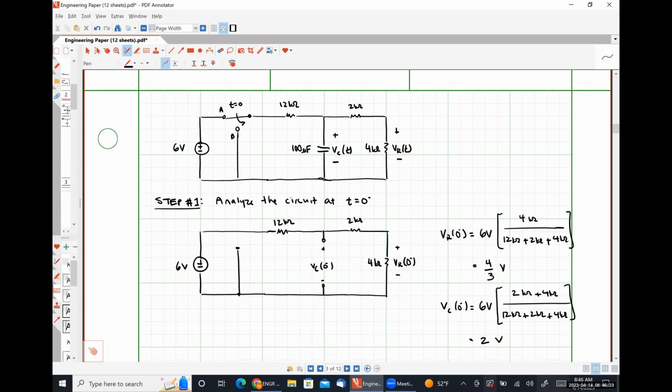So anybody have any questions, comments, or concerns about the analysis that we did here? I happen to use voltage division because this circuit is literally screaming use voltage division at me. But if you aren't comfortable with that, you could have simply written the KVL equation since it is a single loop circuit, figured out what the current flowing around that loop is, and then used Ohm's law to figure out both of those voltages as well.